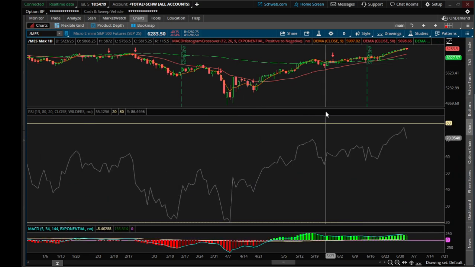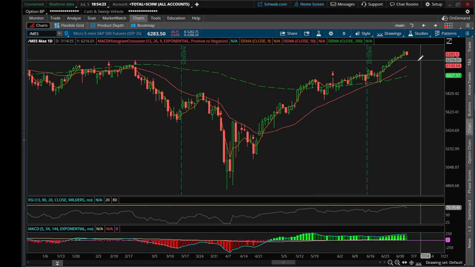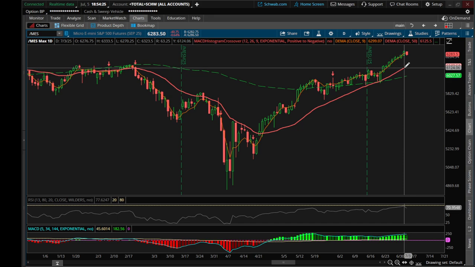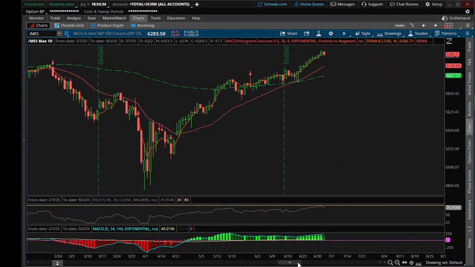So maybe we get that 23.6 retracement to 38.2, which would line up probably with this 50-day moving average. So it would kind of look something like this.